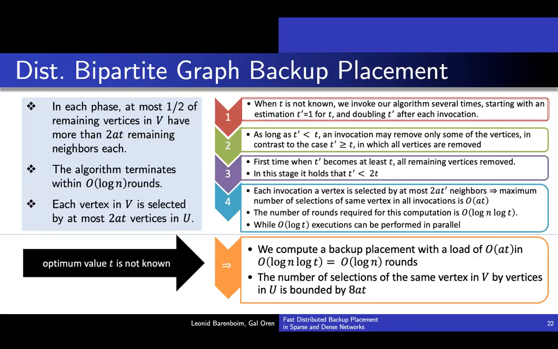From here, we can quickly see that the number of rounds required for this computation is O(log n log T). However, as the O(log T) executions can be performed in parallel, we get O(log n) rounds while not knowing T. We also proved that the number of selections of the same vertex in V by vertices in U is bounded by 8AT, a very good result.